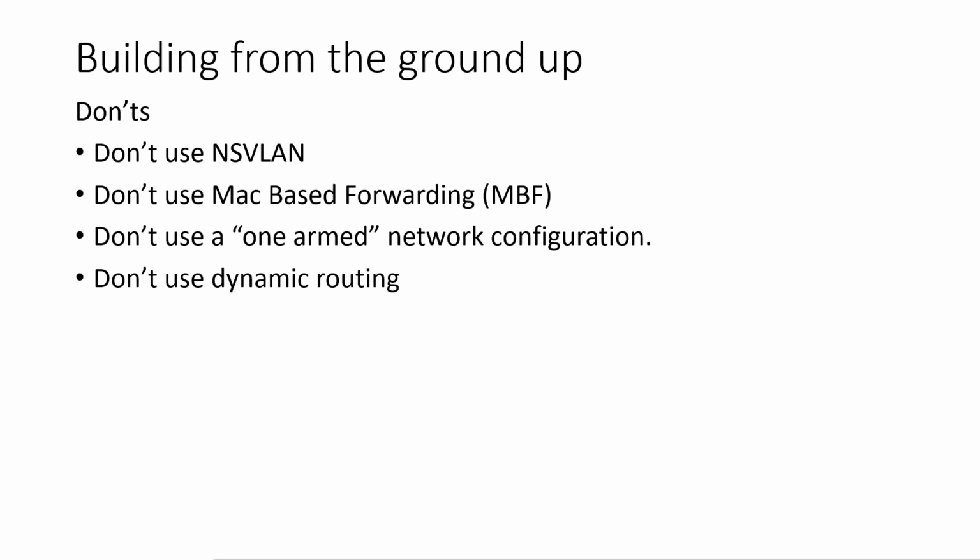Don't use the one-arm network configuration. The time when you can use it is when you have low throughput and you're confident that all of your equipment can handle it. But if you need to maximize your throughput, don't use a one-arm configuration. And don't use dynamic routing. If you have to, it's just like the other.